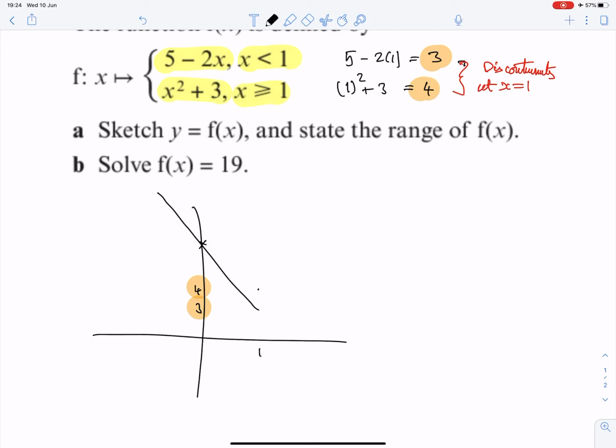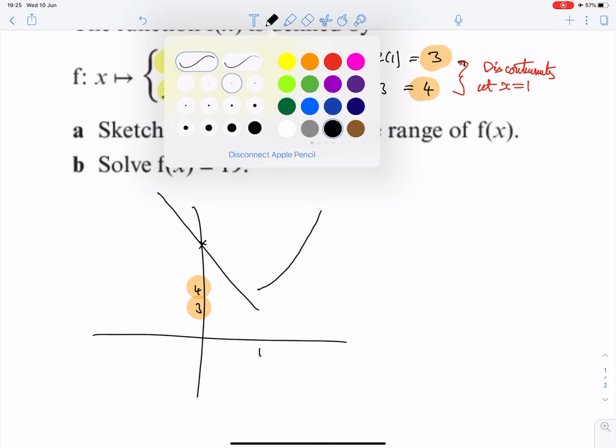Now just think carefully, will it be the bottom of the curve or is it already increasing? I think we can be fairly confident it's already increasing at that point, because the bottom of the curve, where the smallest value will be 3, is at x equals 0. I'll just sketch that in.